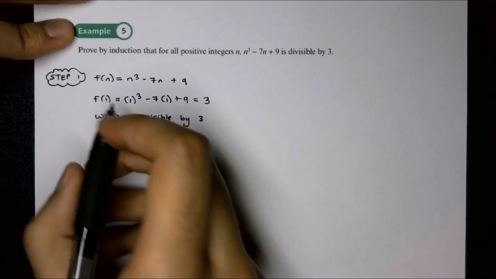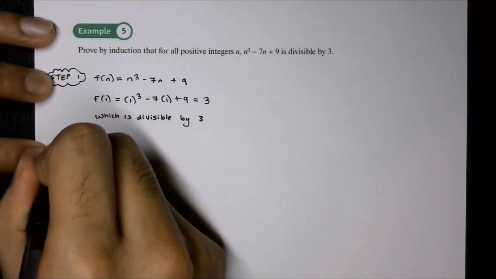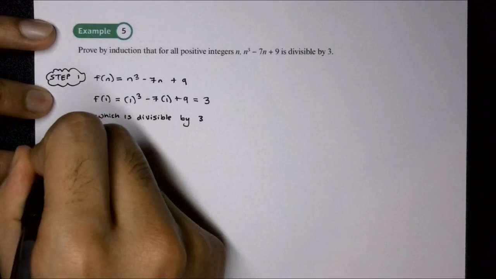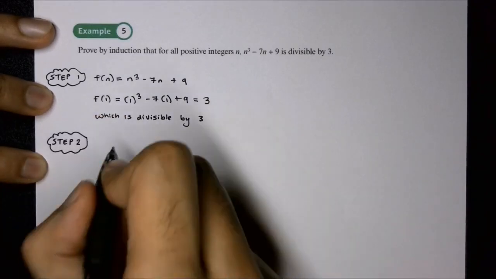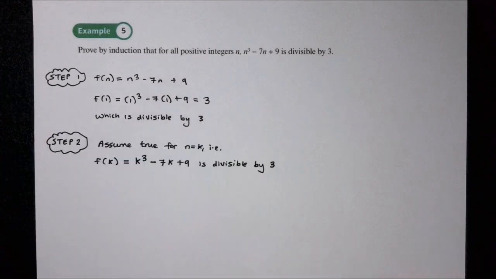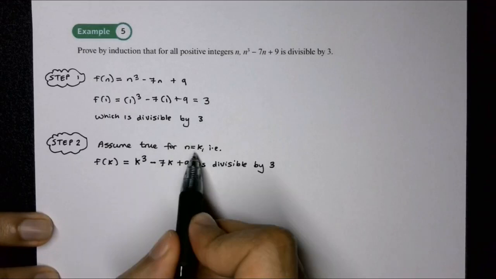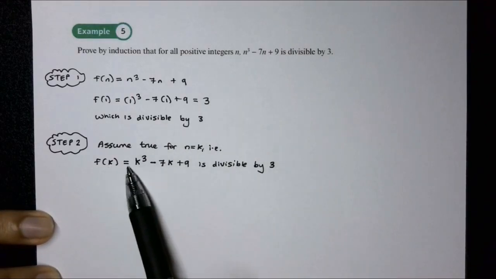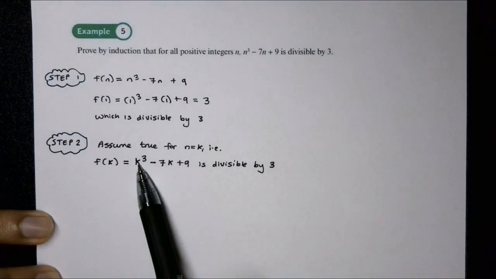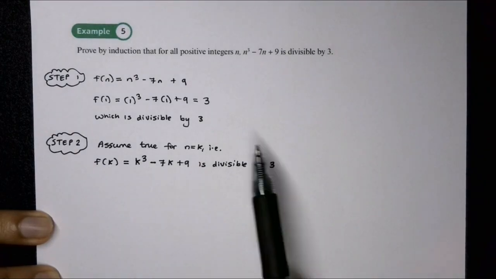And our second step, step 2, we will assume that the result is true for n equals k. So in other words, we will assume that when n equals k, f of k, which is equal to k cubed minus 7k plus 9, is divisible by 3.